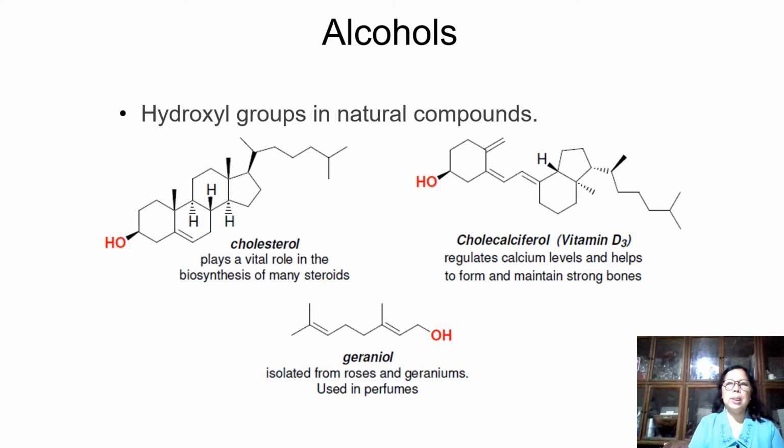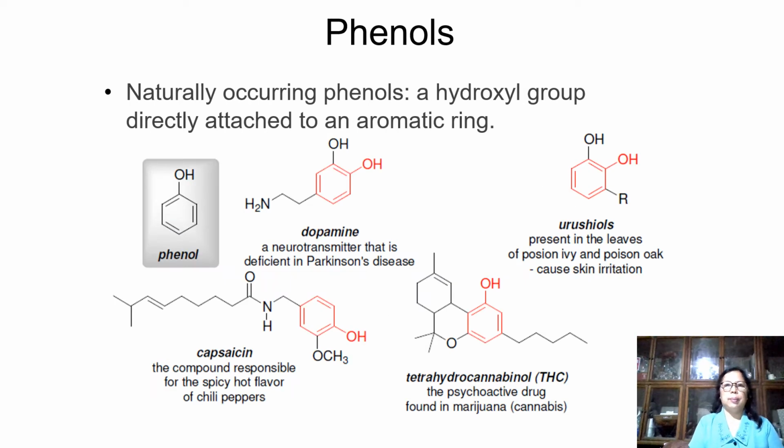So the alcohol is not just simply the alcohol that we are using these days to fight against the COVID virus, but you can see alcohol in the blood, cholesterol in the blood, cholecalciferol for the maintenance of healthy bones, and also for commercial purposes like making perfumes or other scents needed for other toiletries.